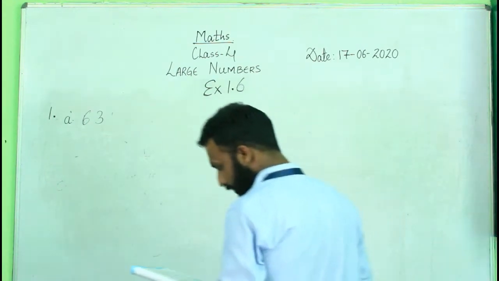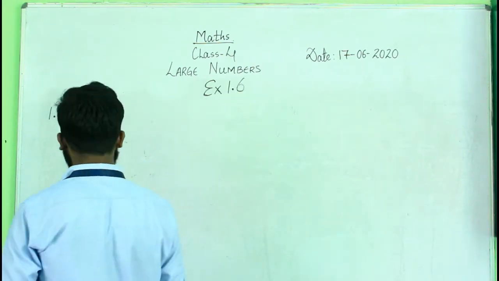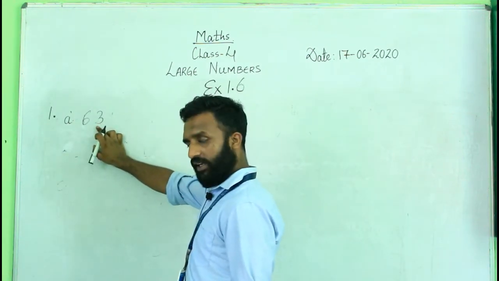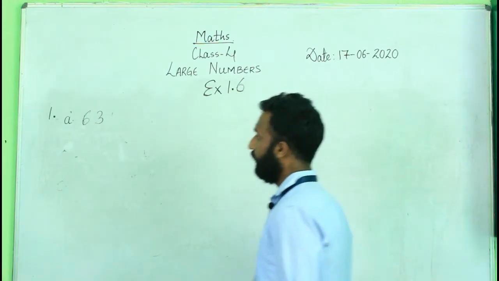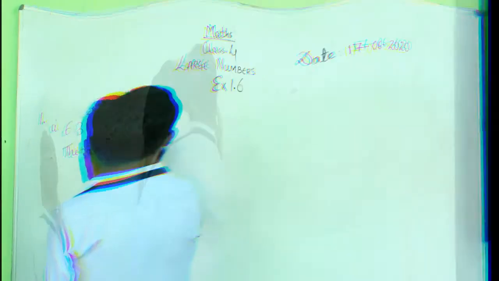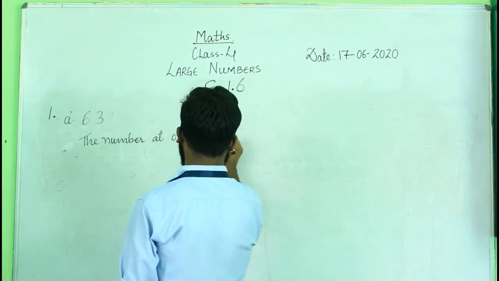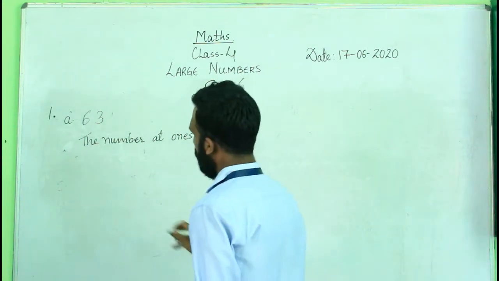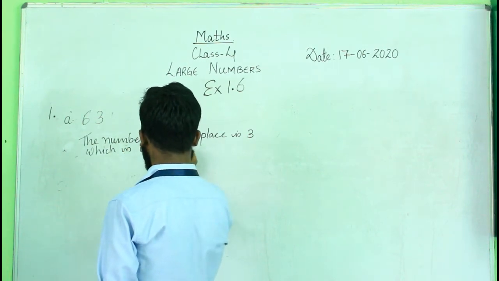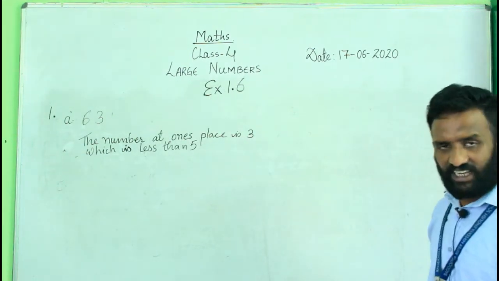Rounding of numbers. We'll check here. At the ones place we have 3, which is less than 5.